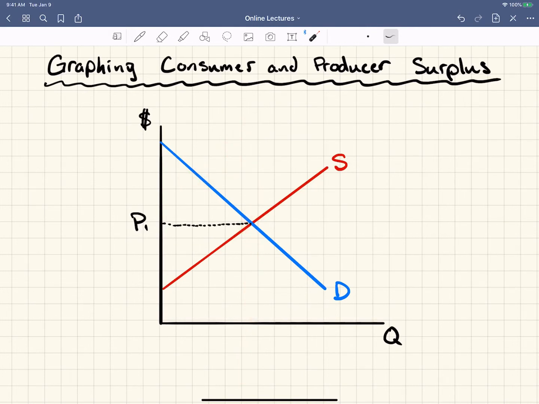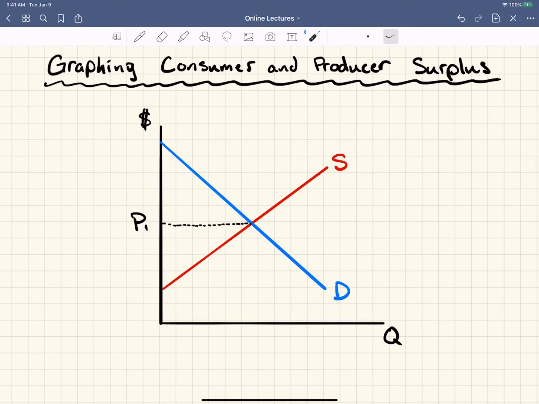Now, if you think that there's an actual buyer here, and he would have paid this price, but he only had to pay this price, then we could say the gap between the demand curve and the actual price would be consumer surplus, right?